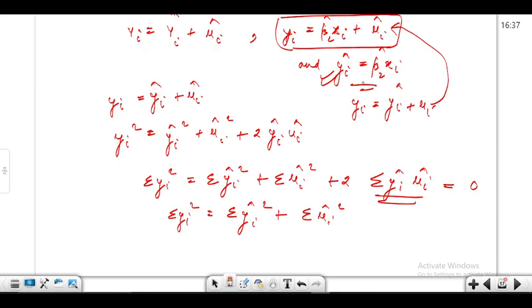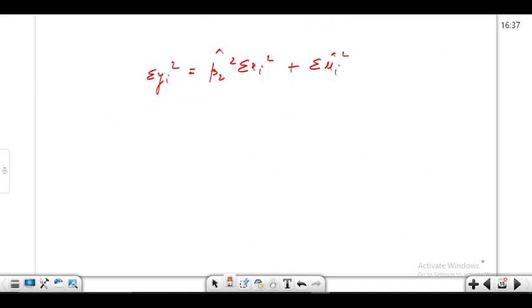I've used this formula: this small yi hat square is being replaced by your beta 2 hat xi, and that is why I get this form of the equation.